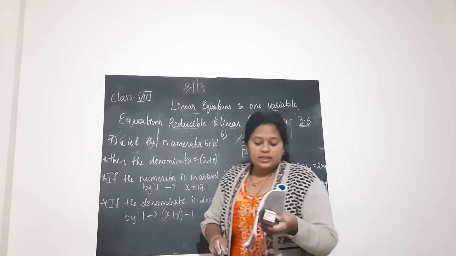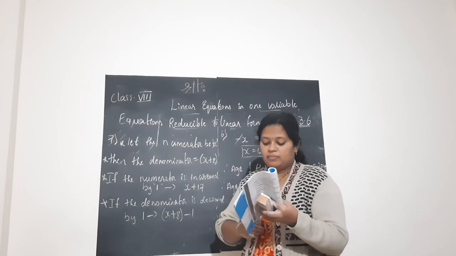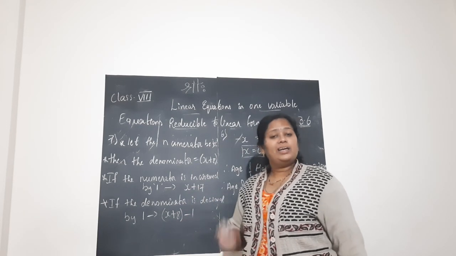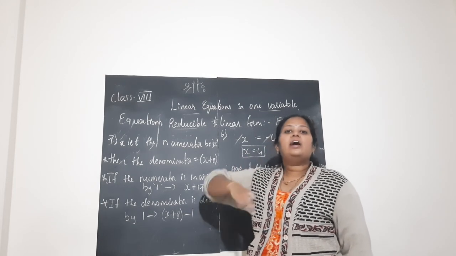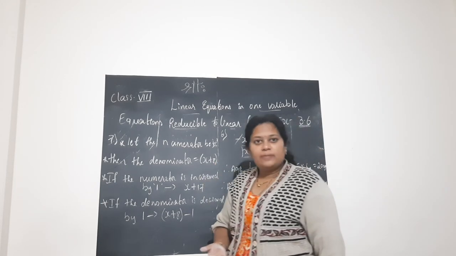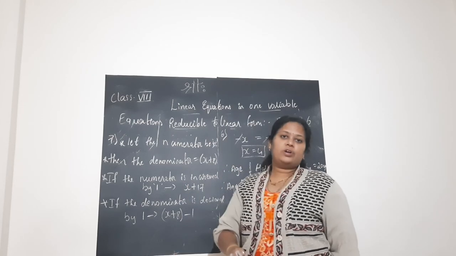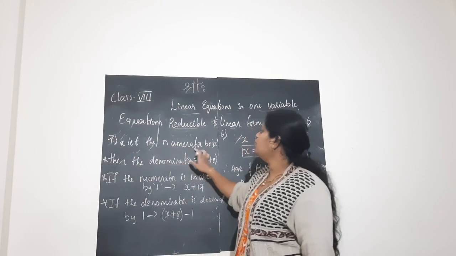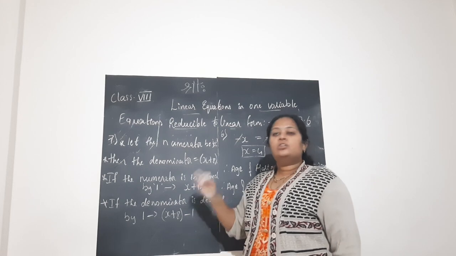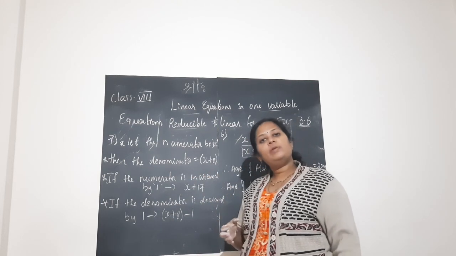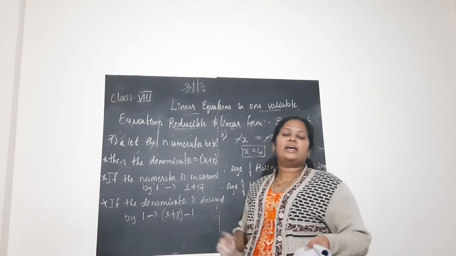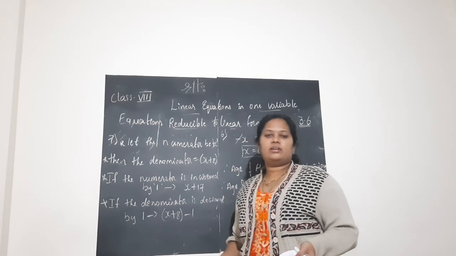The denominator of a rational number is greater than its numerator by 8. That means the denominator is 8 more than the numerator. So we don't know what the numerator or the denominator is. We have chosen let the numerator be x. So then the denominator will be x plus 8. Why? Because they have given the denominator is 8 more than the numerator. More means the same as greater.